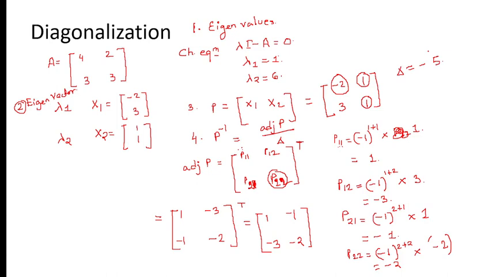So I am going to the next page. So that means I am getting my determinant delta equal to -5, and my adjoint of P matrix is coming as 1, -1, -3 and -2.